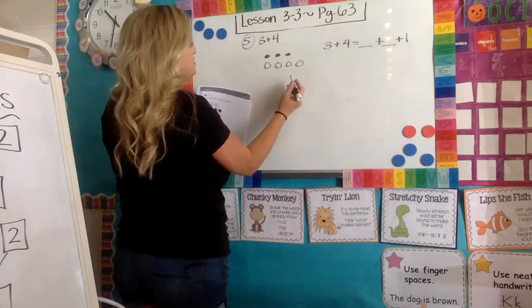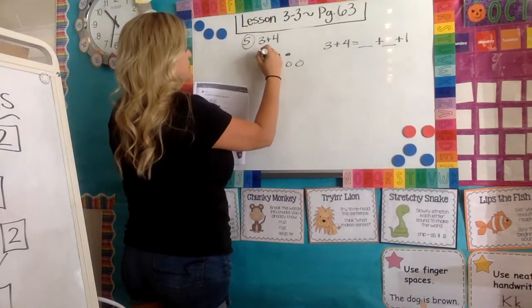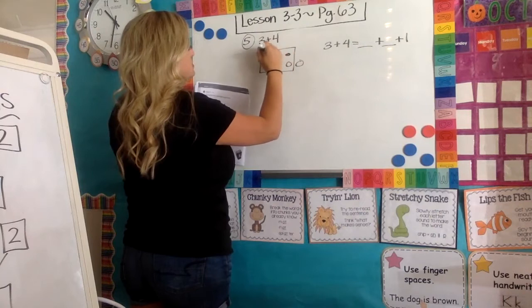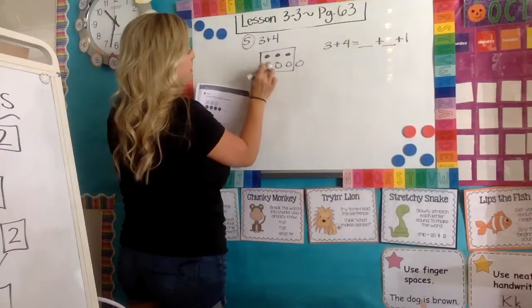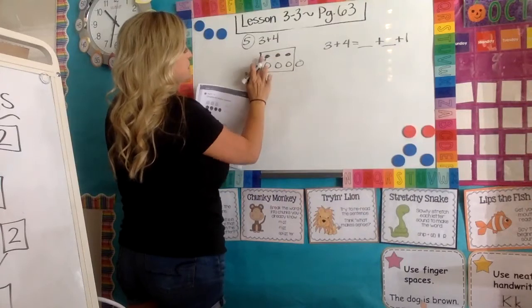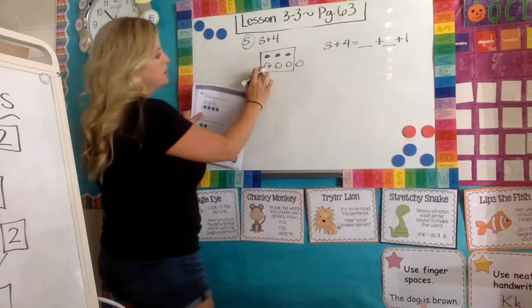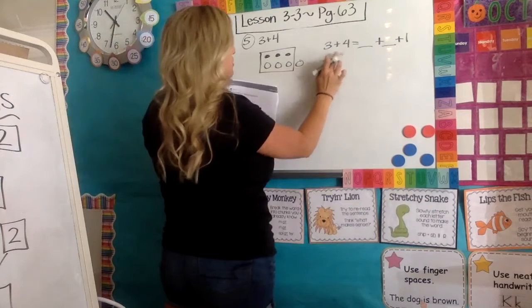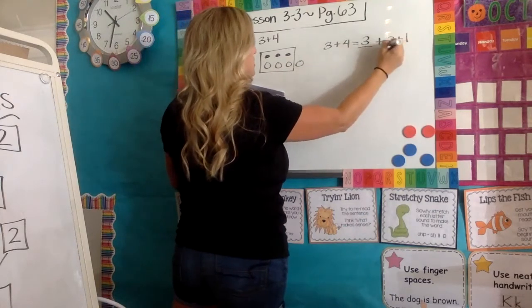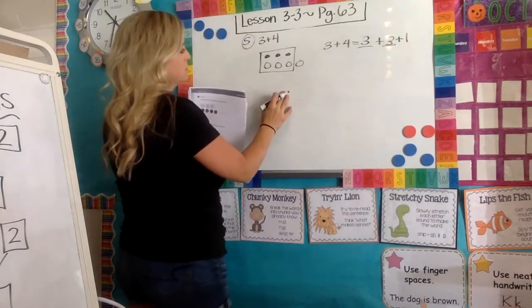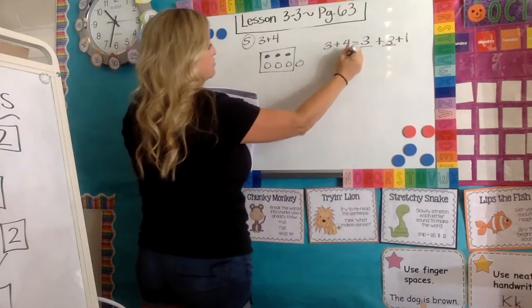So I'm going to find my doubles fact. I'm going to add in 1. So here's my doubles fact, right? I put a box around the ones that have a pair. They all have a pair. This is 3 plus 3. And then there's 1 left over. So I know that 3 plus 4 is equal to 3 plus 3 plus 1. I took 4 and I broke it down.